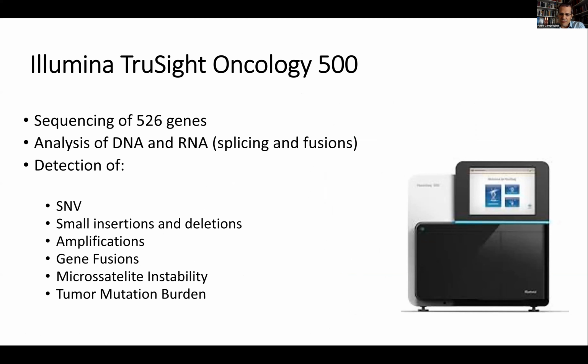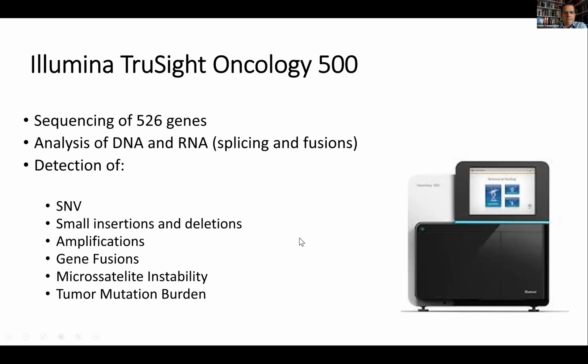And now I'm going to talk a little bit about our experience with the TruSight Oncology 500, and also with some other tools. We have validated TruSight Oncology 500 for a couple of years now. We sequence 525 genes.